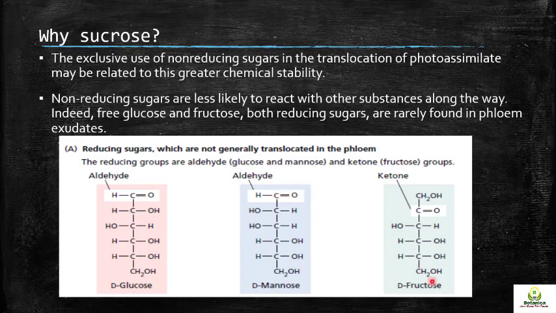Fructose also contains a free ketone group. So when glucose and fructose are joined, they result in a form that can be transported in a relatively inert form.